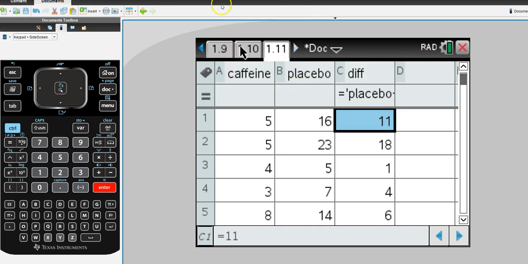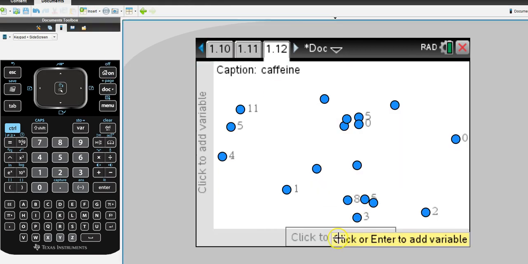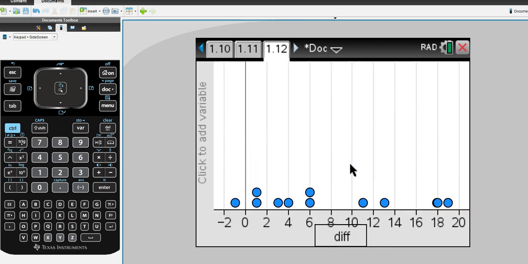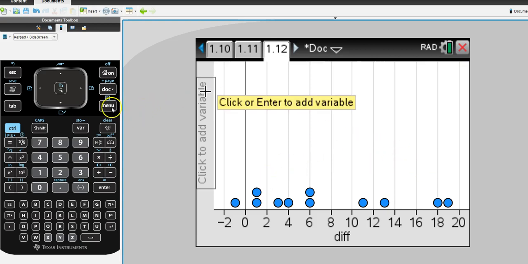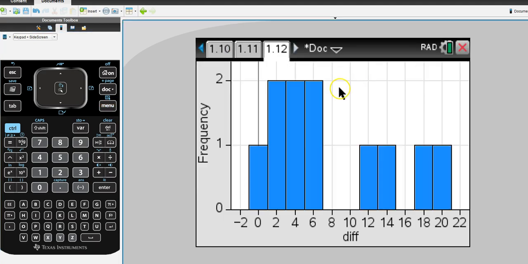So first of all, going to a data and statistics page, I'll double check the graph to see if this is an appropriate set of data on which to do a t-test. Kind of hard to tell with this one. It doesn't look like there's any obvious skews or outliers, but let's do a histogram here, and notice the bars are usually too small when you first make the histogram.